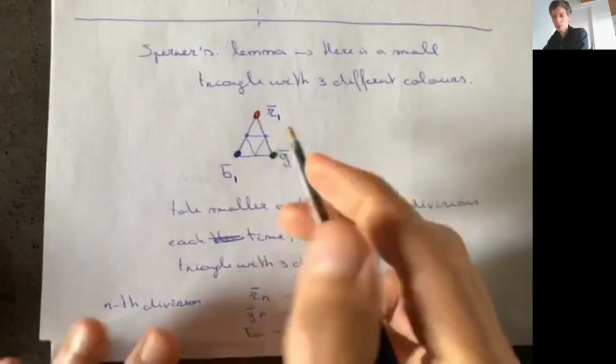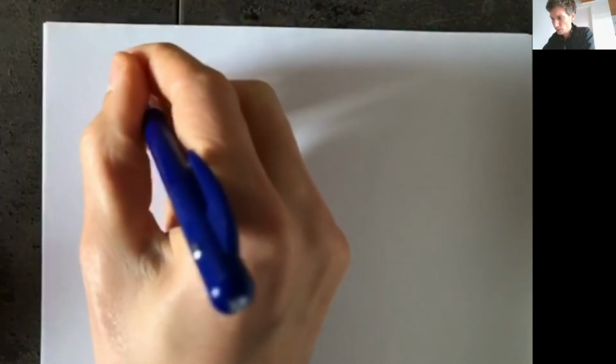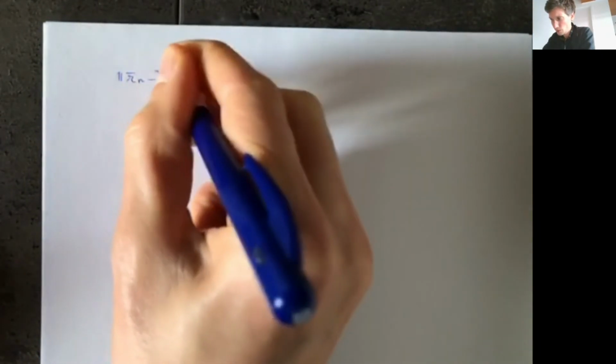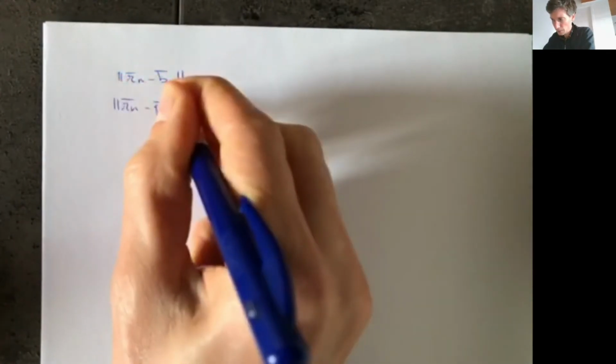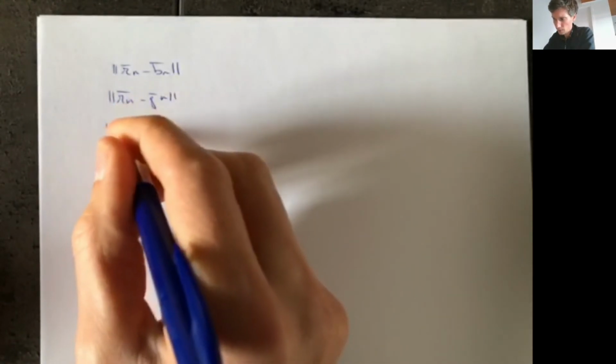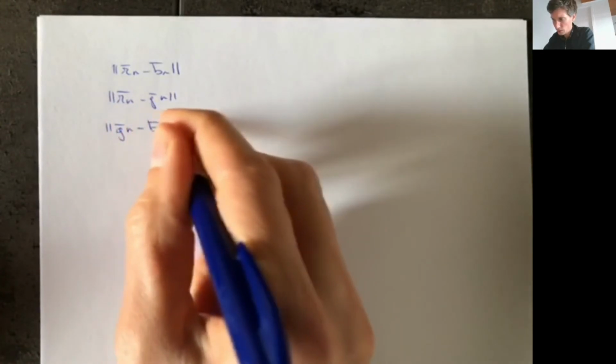Okay, and these triangles get smaller and smaller and smaller, right? So these 3 vertices will get closer and closer together. So in particular, I will have that Rn minus Bn, Rn minus Gn, and then Gn minus Bn.